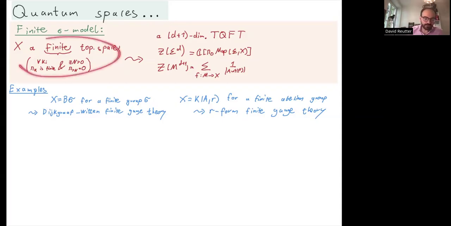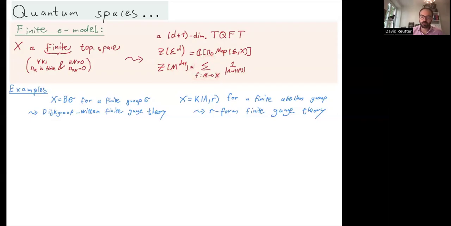All right, so if you have such a space, you can always construct a TQFT of any dimension. I'll always talk here about d+1 dimensional TQFTs. That's the dimension shift that's easy for this talk, but d is arbitrary. It assigns to a closed d-manifold Σ the linearization of the space of maps from Σ to X. And to a (d+1)-dimensional manifold M, if it's closed, it sums over maps.